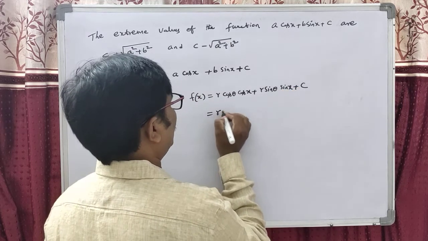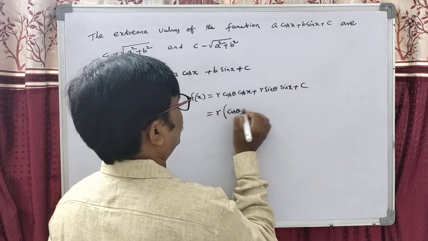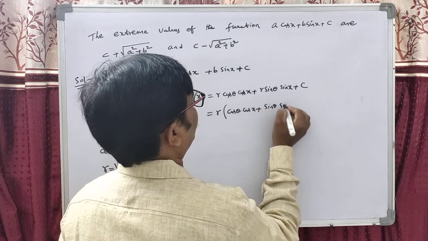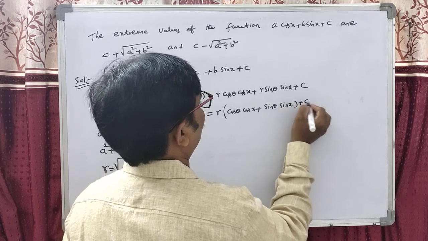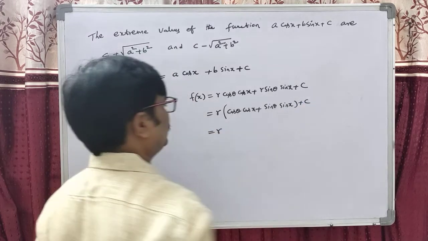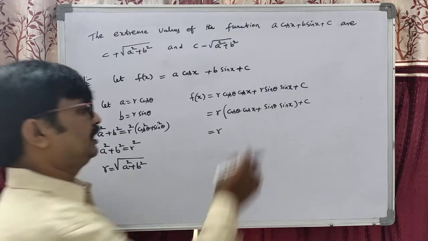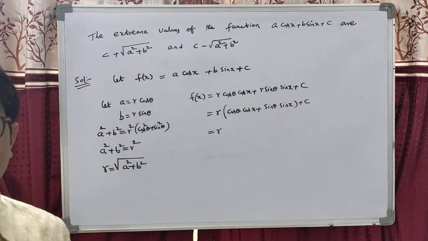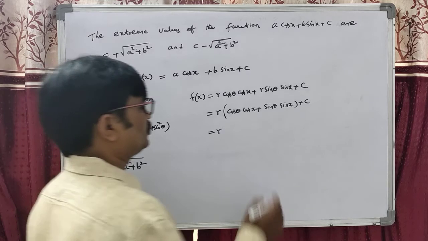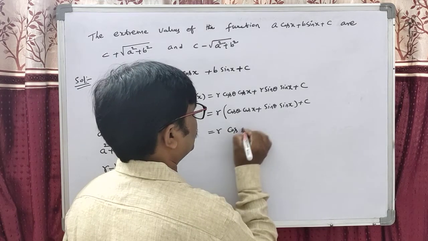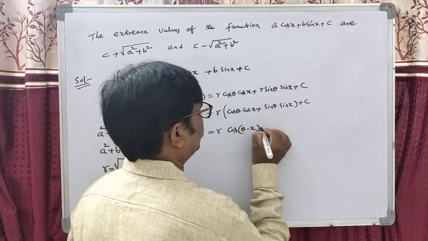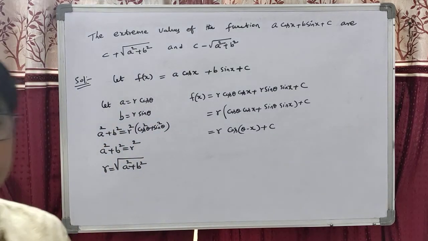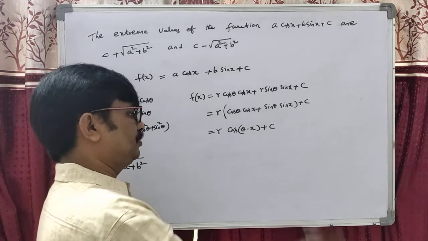Here r is common: r into cos theta cos x plus sin theta sin x, plus c. Cos a cos b plus sin a sin b is cos of a minus b. So f of x equals r cos of theta minus x, plus c.